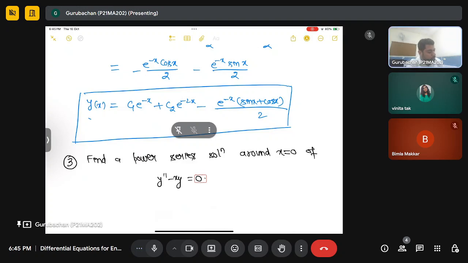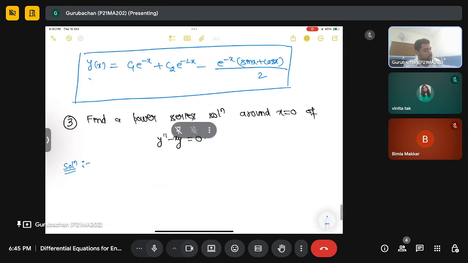So let us start discussing. Let y(x) be of the form summation c_n x to the power n. Since the center is 0, it is x minus 0 to the power n.